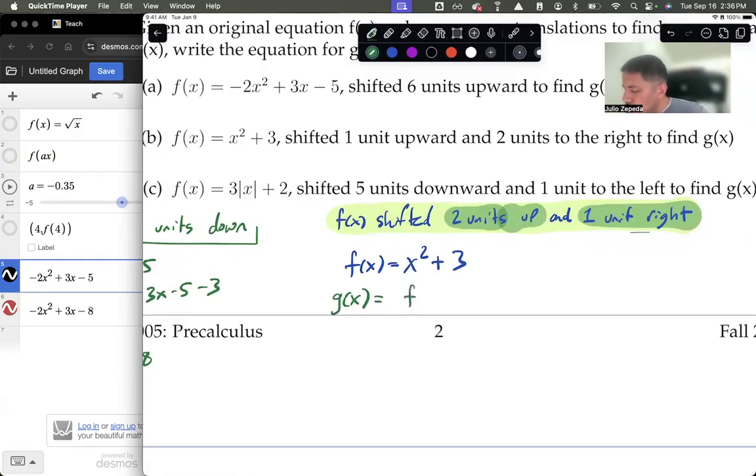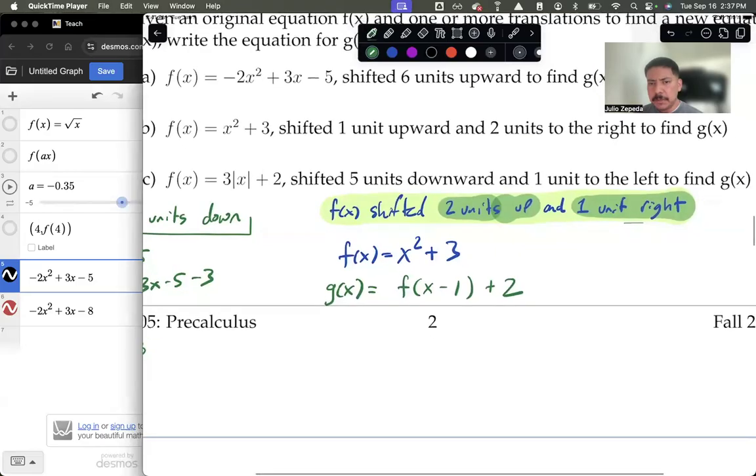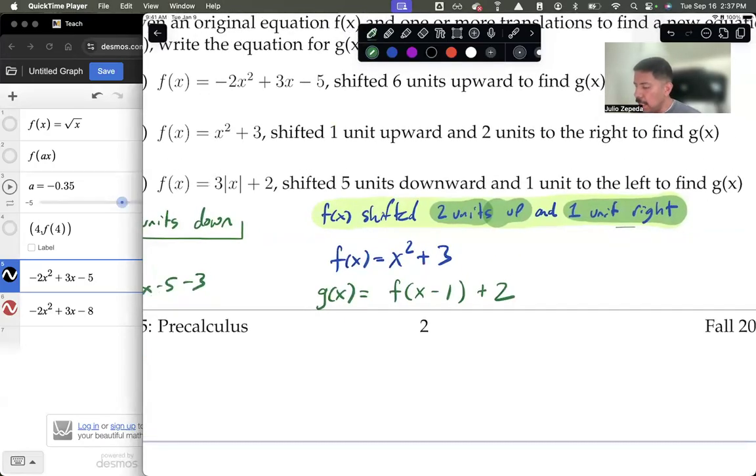Well, we know to go 1 unit to the right, we need to do something to the inside of the function. To go to the right, we subtract 1 on the inside of the function. And to go 2 units up, we add 2 to the outside of the function itself. The function here is the squaring function, x squared plus 3.